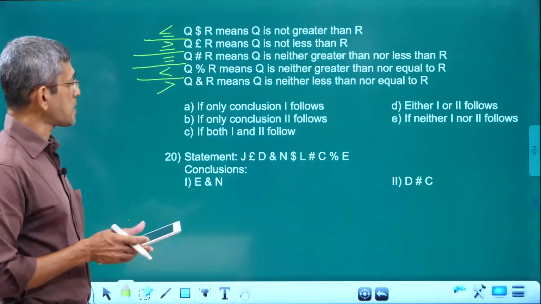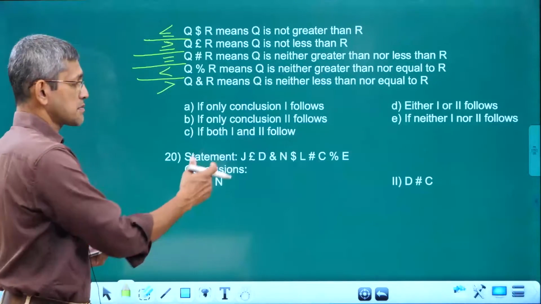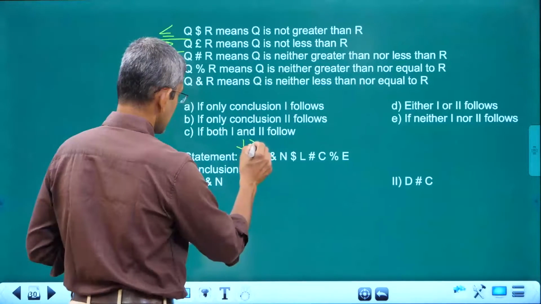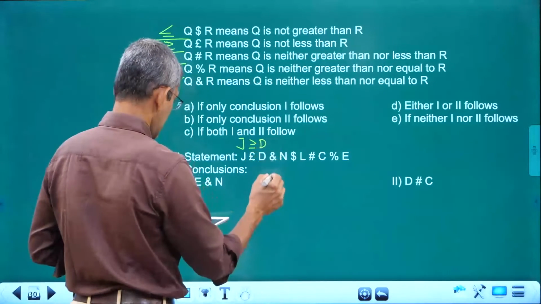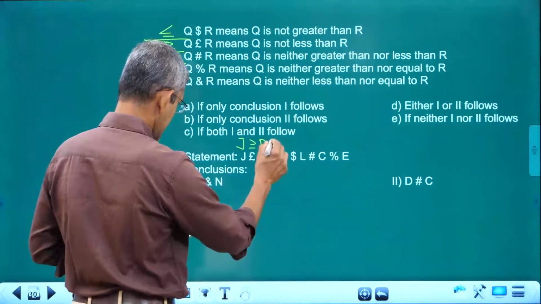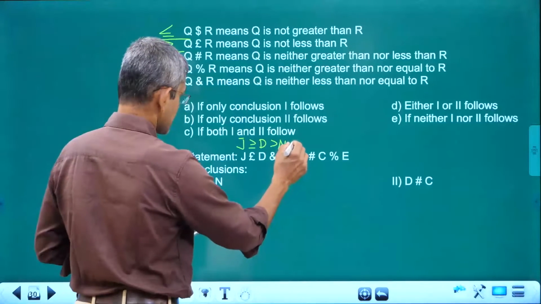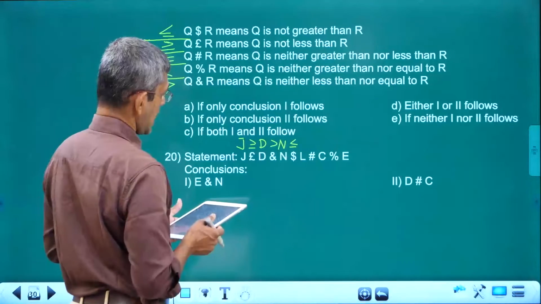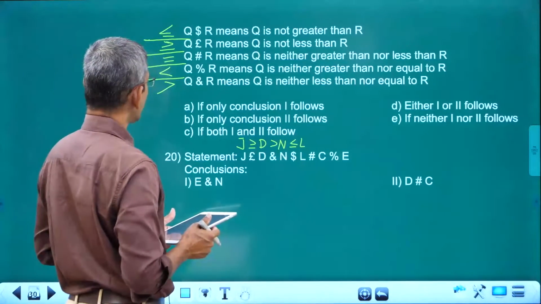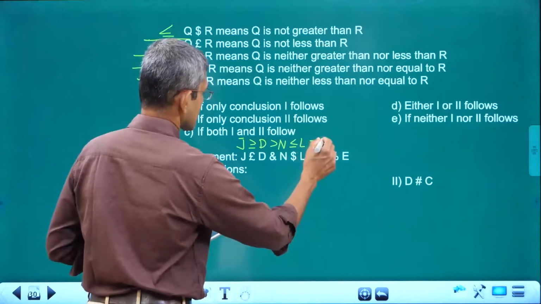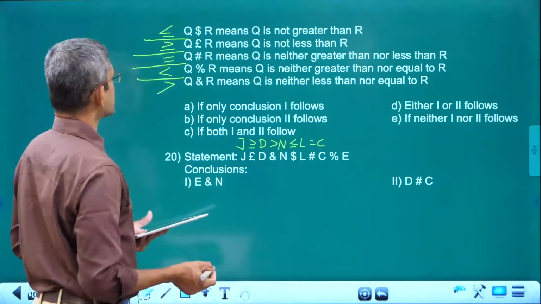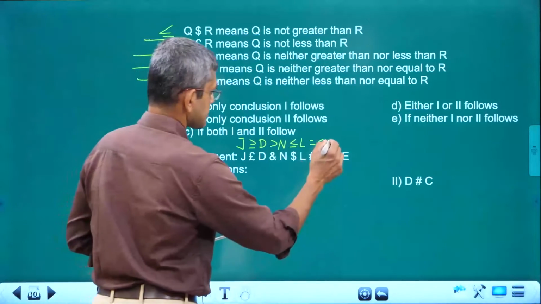We have to apply that right here in the statement first. J greater than or equal to D. And means greater than N, and dollar means less than or equal to, so it is less than or equal to L. And now we have hash means equal to C, and percentage means less than.